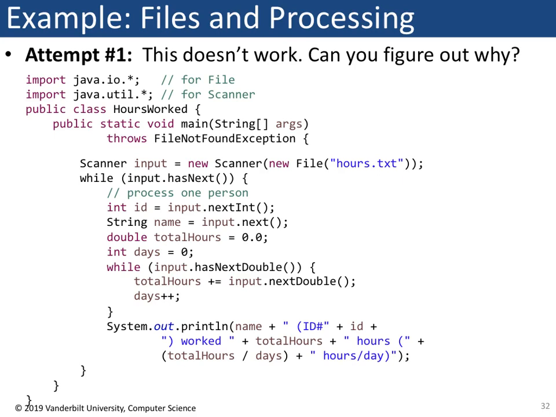And hasNextDouble will return true for integers as well, because an integer can be promoted to a double. So this will wind up reading in the next person's employee ID as part of the hours worked. So this method does not work out for us.